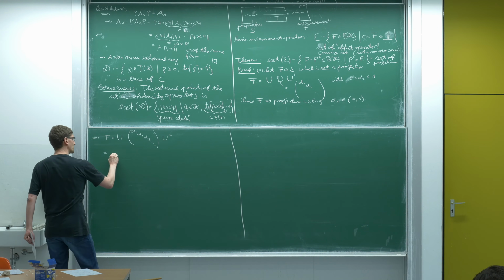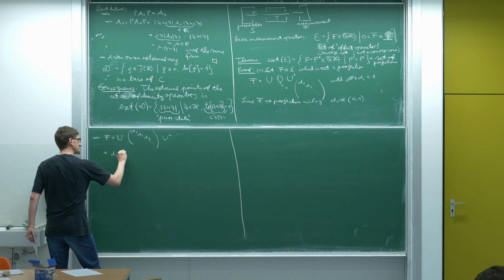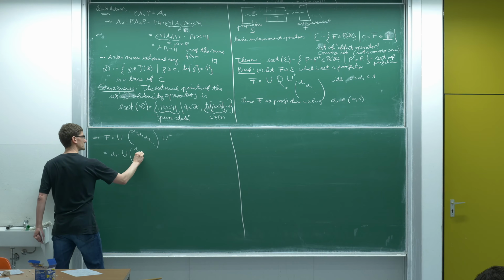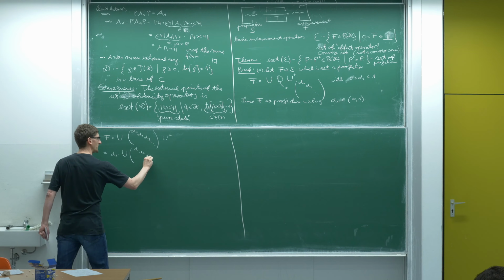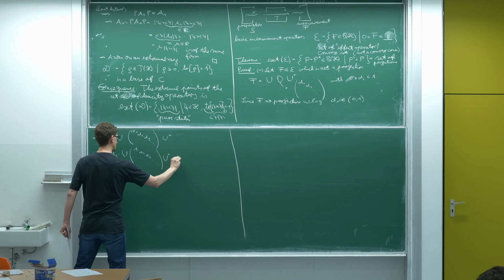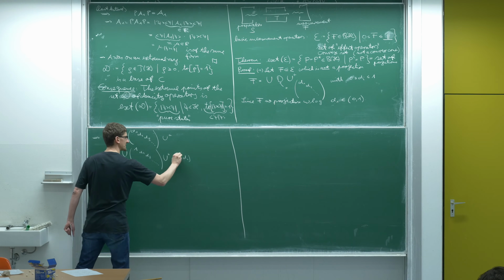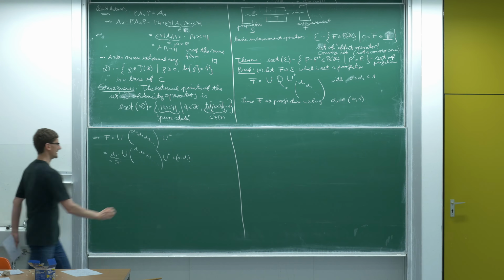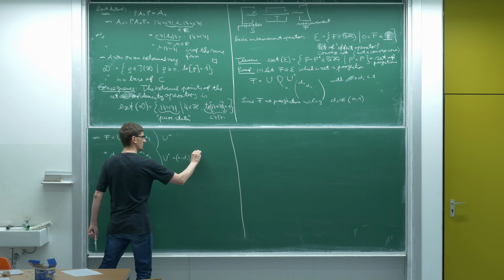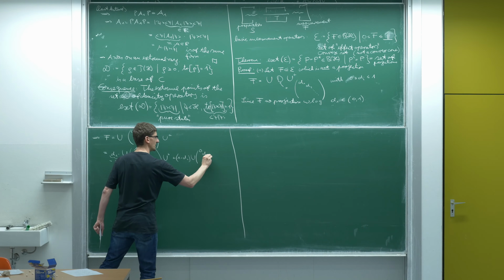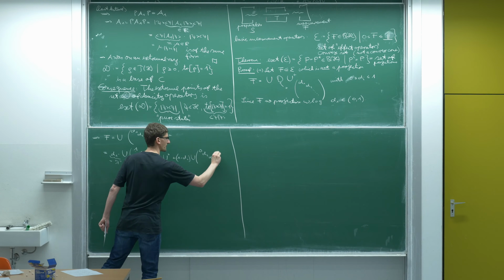This is equal to D1 times U, and now let's just put a 1 here, D2, D3, we leave all the other eigenvalues the same, plus 1 minus D1 times U, and now let's place a 0 here and leave everything else the same, D2, D3.